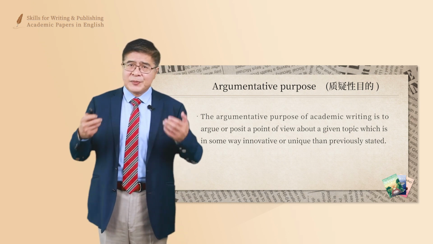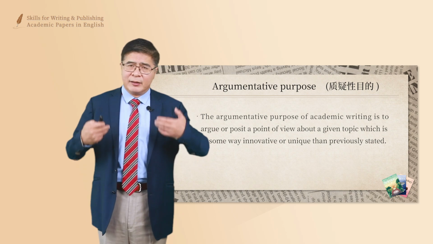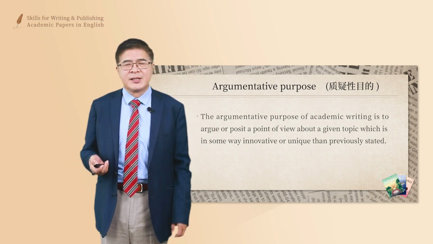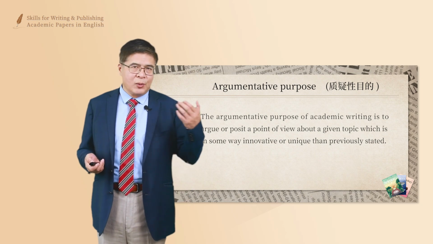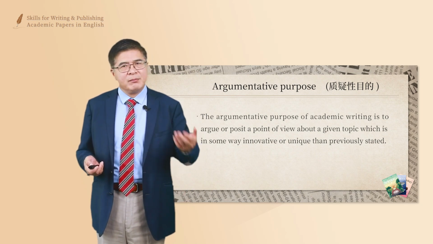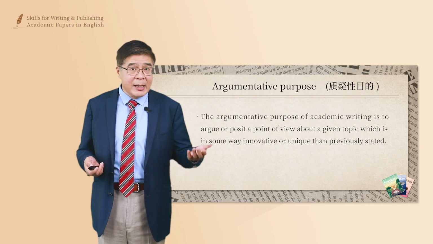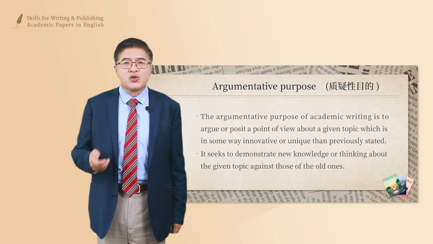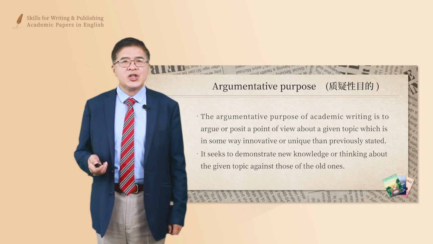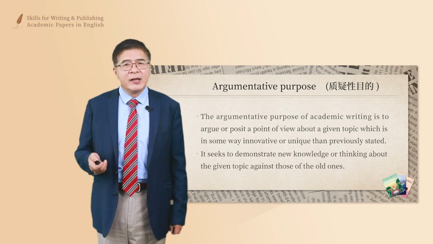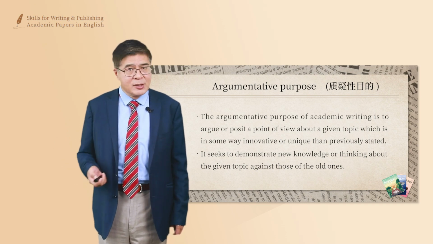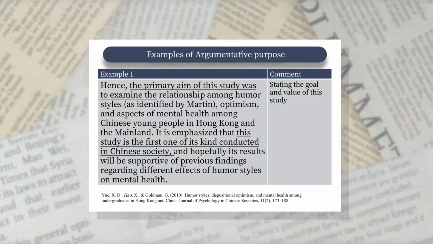So in other words, you have to start describing something which you think is different from previous studies or arguments made by scholars in the past. So it seeks to demonstrate new knowledge or thinking about a given topic against those of the old ones or in the past research.